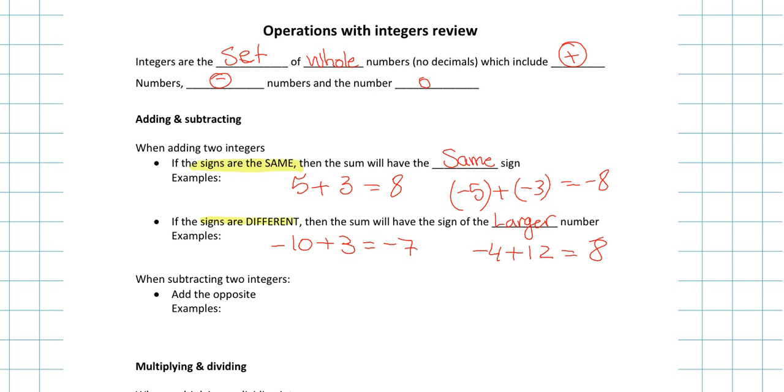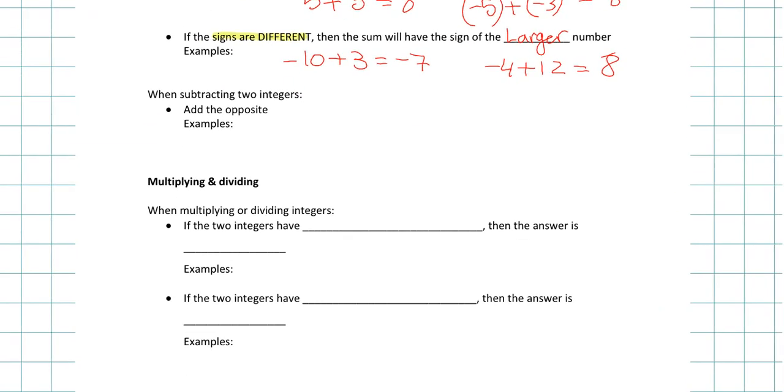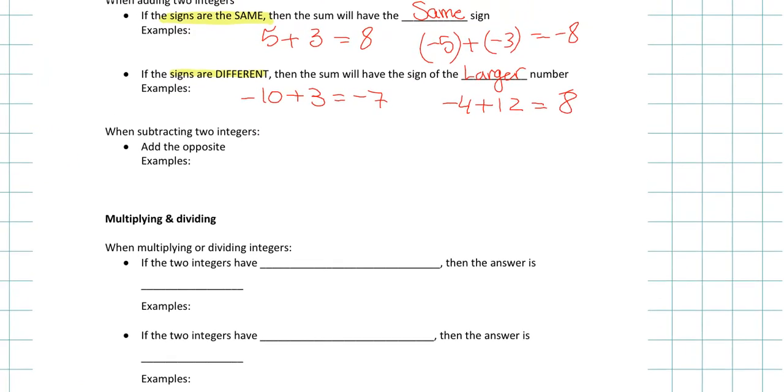When subtracting two integers, add the opposite. What does that mean? It's a weird way to say it, right? So, let me give you another example, just so you know what I'm saying.